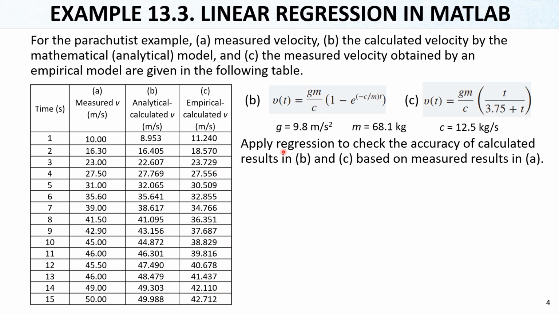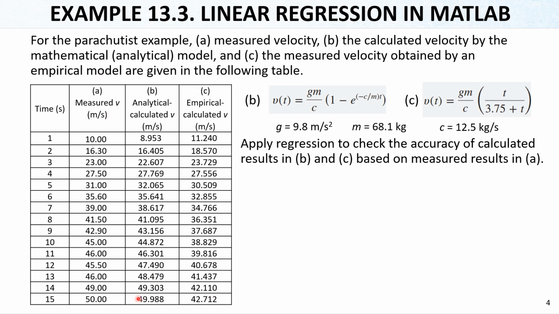We want to apply regression to check the accuracy of the calculated results in B and C based on the measured results in A. We can do this by simply plotting a line of this with respect to this. So these will be x values, these will be y values. Also, these will be x and these will be y values.